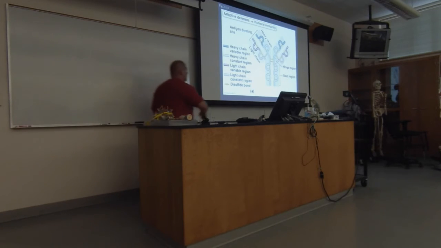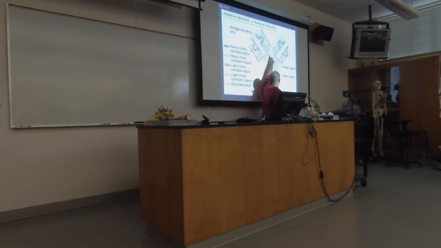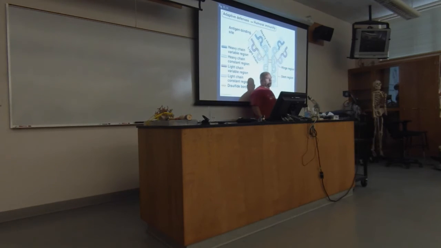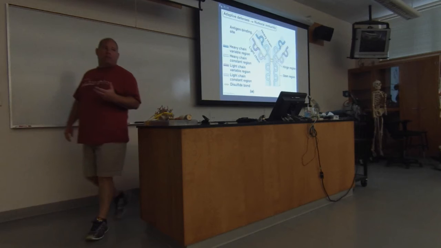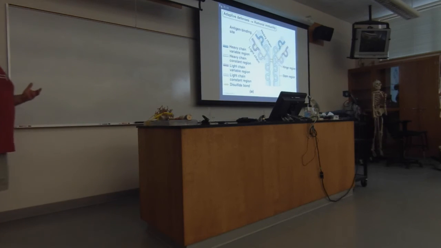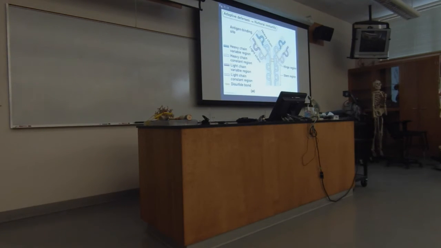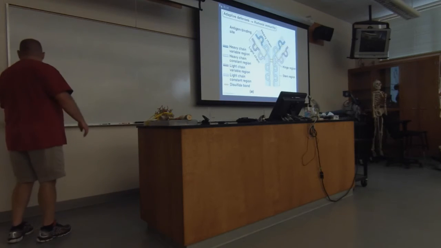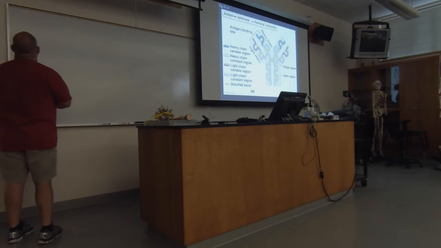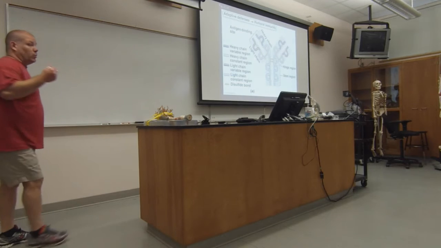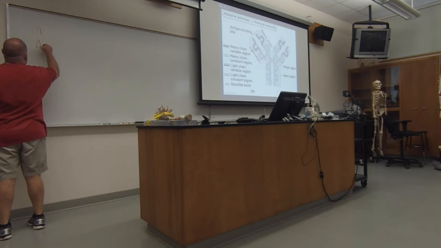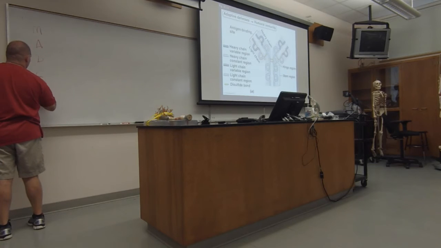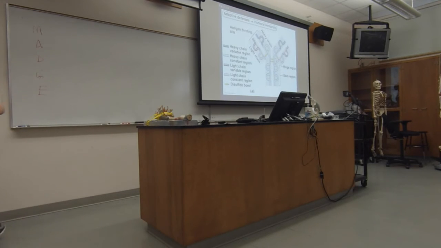And remember that it's this structure here in the stem region that dictates what their job is going to be. Okay? Now, you can do this whichever way you want. They do spell a word. So MAG, those are the classes of antibodies.